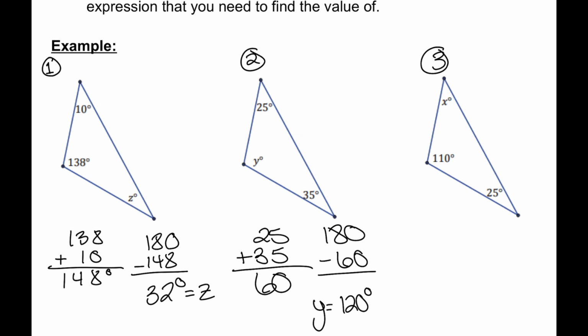And then for the last example for this part, same thing. They gave us this one, they gave us this one, and we have to find the other one. So we'll take 110 plus 25. When we add those two together, we get 135. Then we take what we just added up and subtract it from 180.